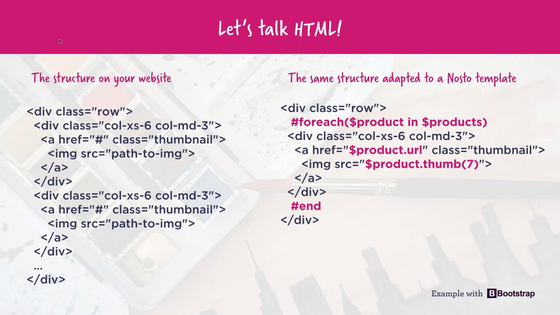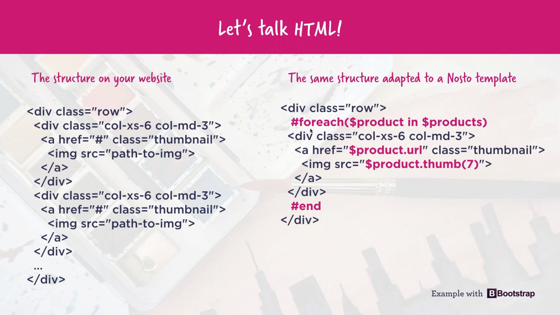On the left side, you can see the structure of your website. You have a div class row, and within that 2 different elements, which are called XS6. Let's pretend that these elements contain the products' information, and you want to use the same structure but with Nosto.